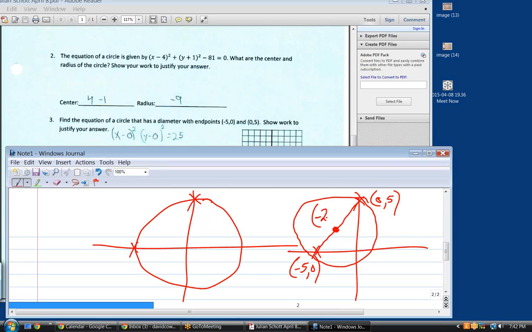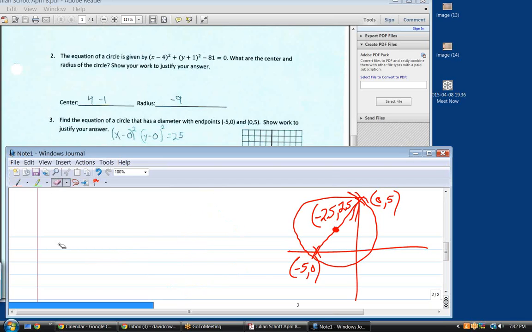Negative 2.5. What's the y coordinate? 2.5. Now, does that make sense looking at it? Yes, it does. That's always a good thing to do, to check it and make sure we got the right signs everywhere. So the equation of that circle is what?